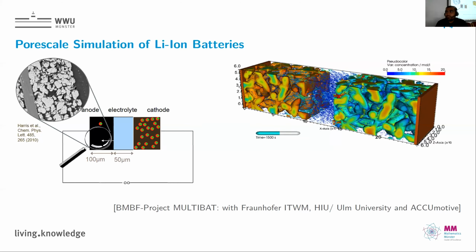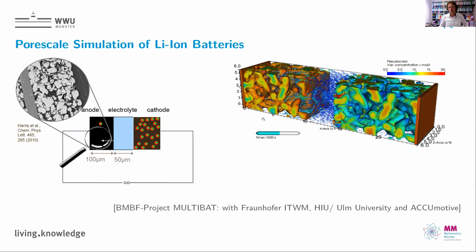If you look at this problem here, this is a coupled problem between the lithium-ion transport and an electric field. And this electric field, also because of the re-entering corners in the geometry here, shows very high electric currents in certain localized regions.